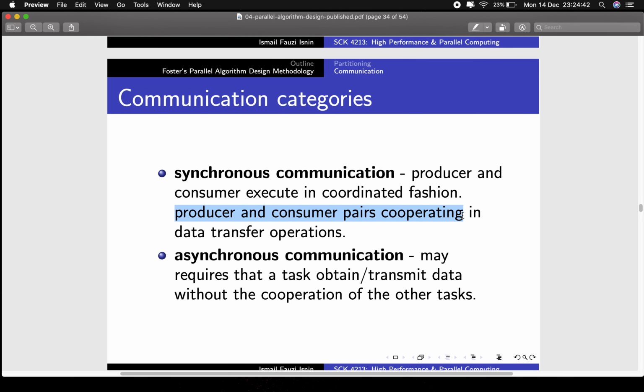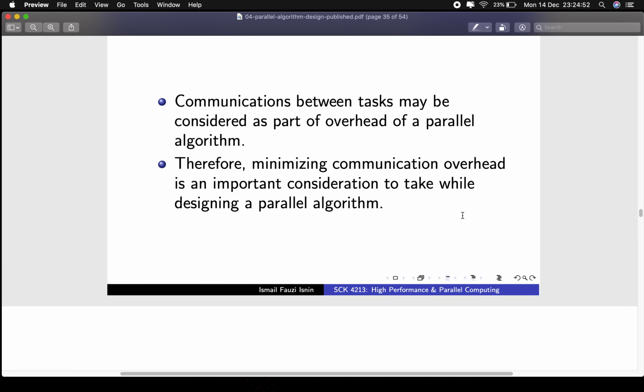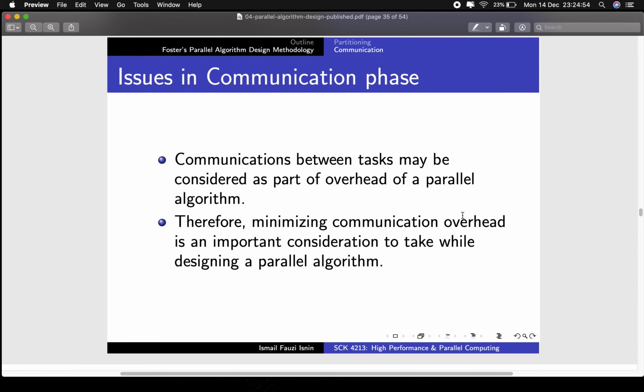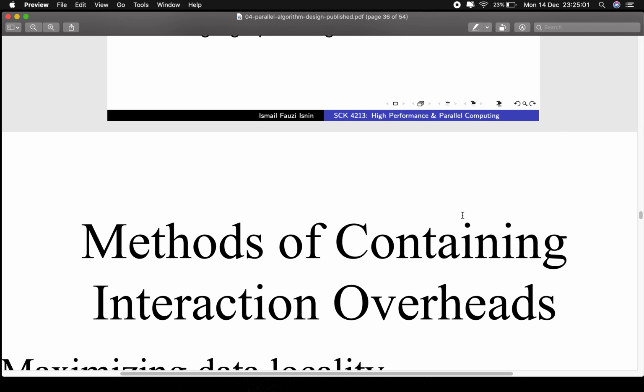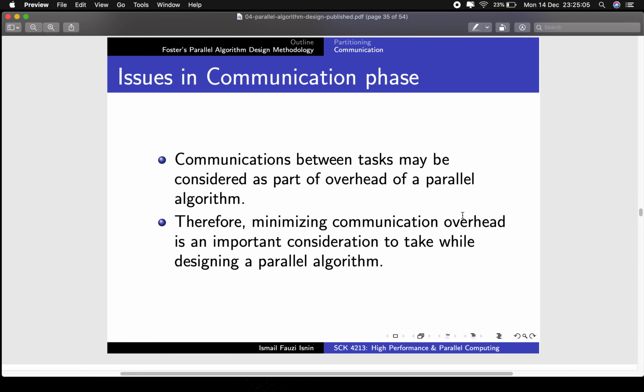So you have already touched on partitioning and also communication. Still under communication, you will look into issues, and in the communication phase, what will happen with your communication.